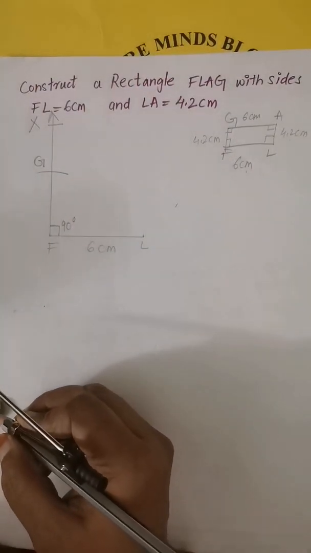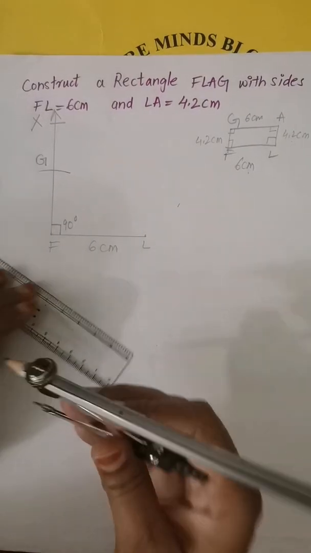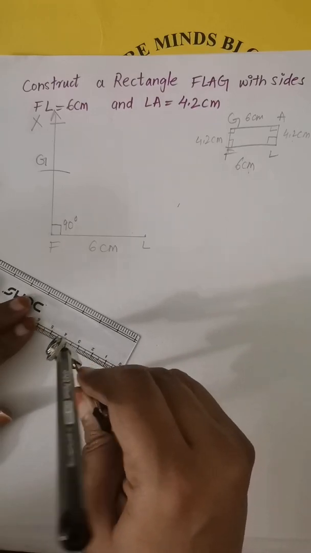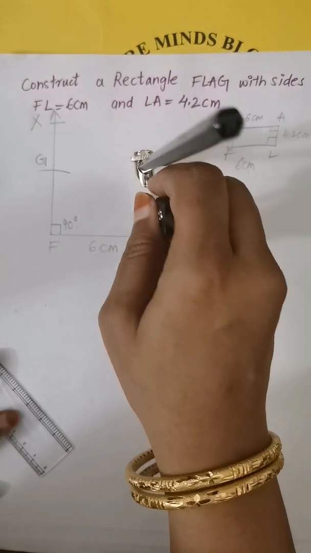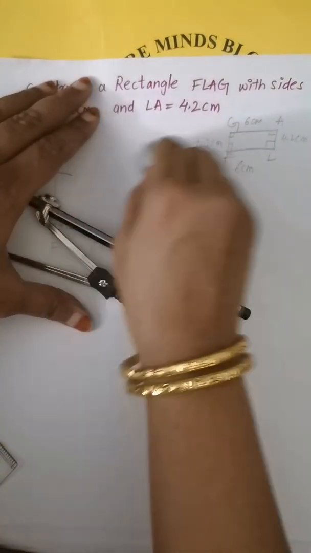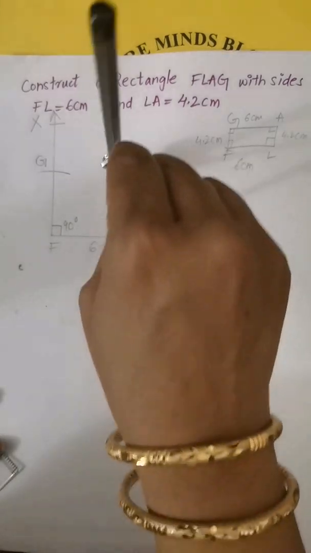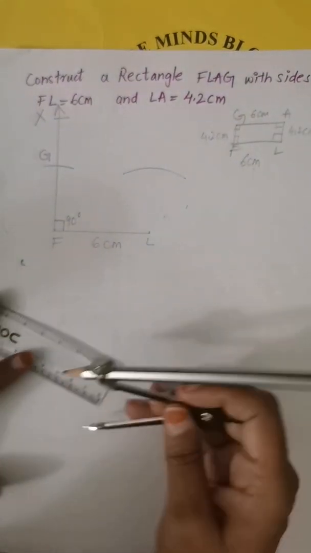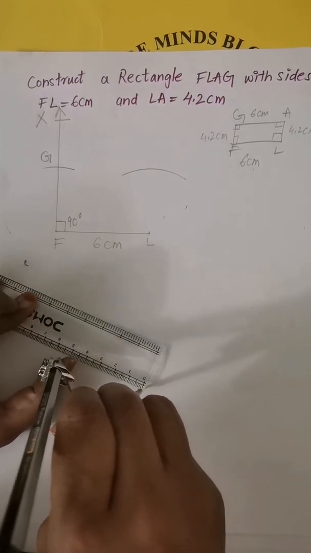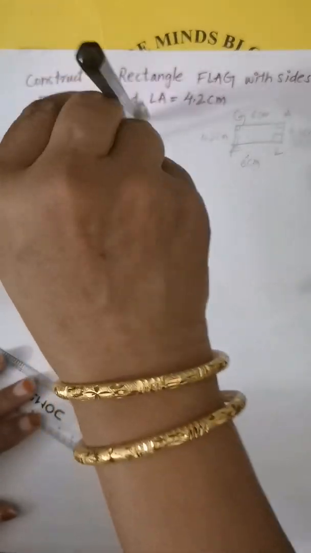Now to find A, what do we have to do? With L as center and the same radius 4.2, draw an arc. It should not move, children. Put it properly. Draw an arc with G as center, radius 6 centimeter. Cut the previous arc.